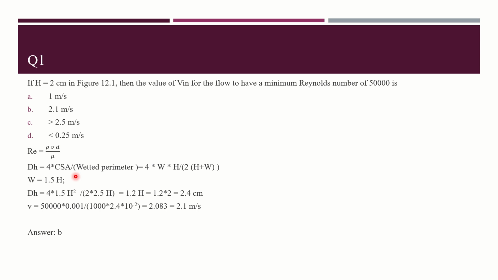D is the pipe diameter when we are dealing with a circular pipe, but in the rectangular duct we need to find the hydraulic diameter, which is given by this formula. We calculated and substituted back. W is given as 1.5 times H, and H is given as 2 centimeter. We substitute everything and get the inlet velocity as about 2.1.